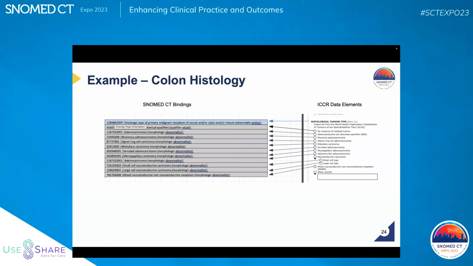But basically, that's the question. And the blue arrow points to the left, and there's your SNOMED concept: histologic type of primary malignant neoplasm of cecum, colon, rectum. Long discussion about cecum, colon, rectum. This is a colorectal tumor. Colorectal tumors behave the same, but there's really not an organ called the colorectum.